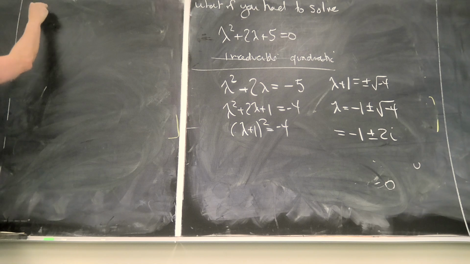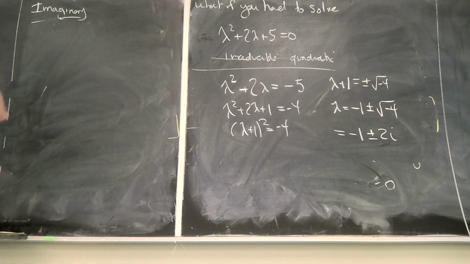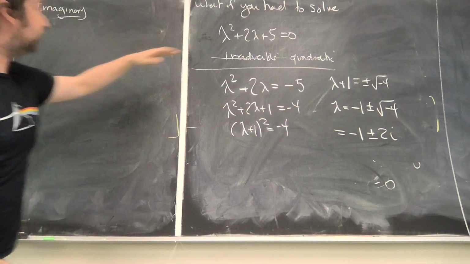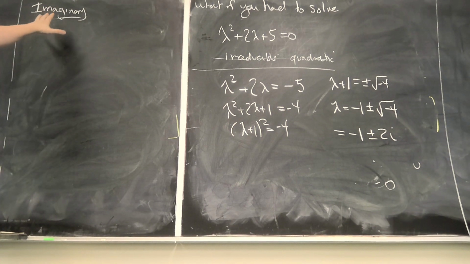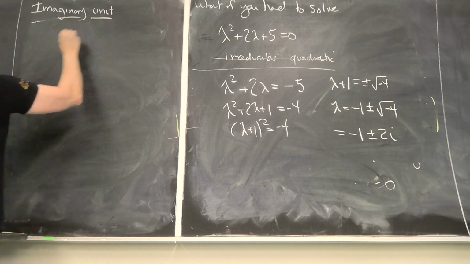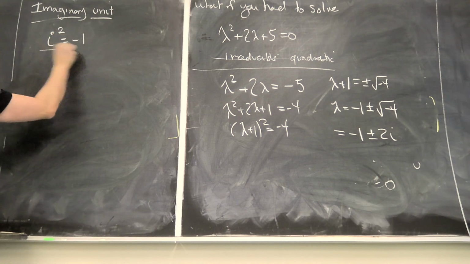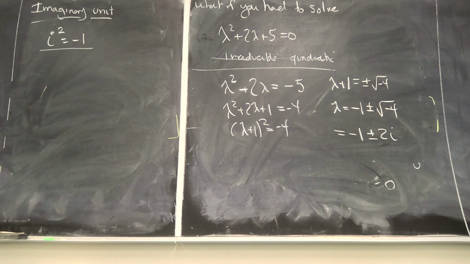The imaginary unit. Now that we've gotten the problem down to this, we can't solve these unless we know how to work with imaginary numbers. So the imaginary unit, i, has the property that i squared is equal to minus 1. You can imagine at the beginning it's a formal symbol that will turn out to have all this meaning later.